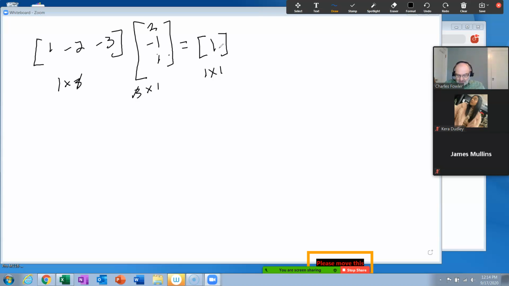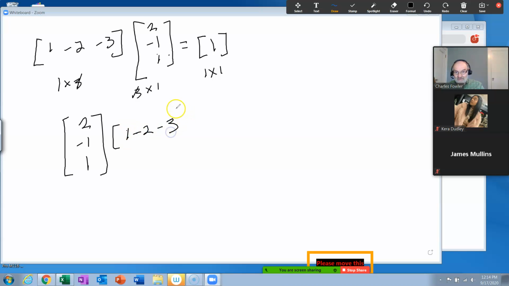Let's do the D then. I mean the E. The E kind of reverses things. That starts with a 3 by 1 matrix, 2, -1, 1, and multiplies that by the same 1 by 3 matrix, 1, -2, -3.